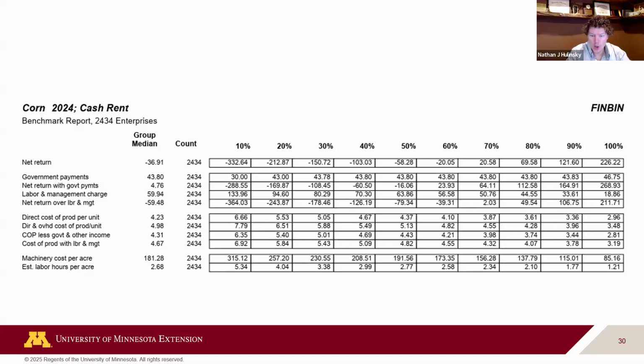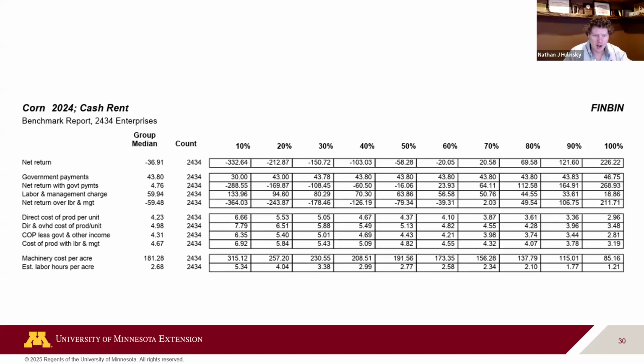Whereas the lowest 10%, so the highest income 10%, their cost of production was $3.19. So we have farmers out there, even at $3.50 corn, where they're making profits. So there's a wide variation between farmers in Minnesota on the cost of production, from $3.19 to $6.92.